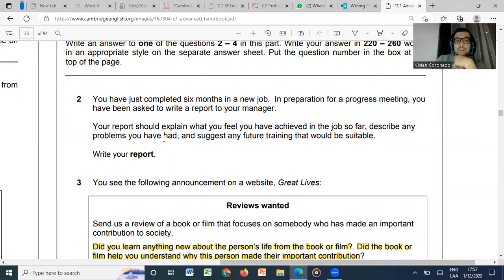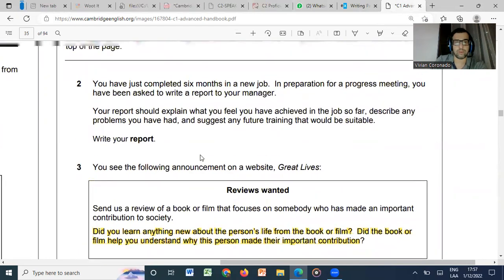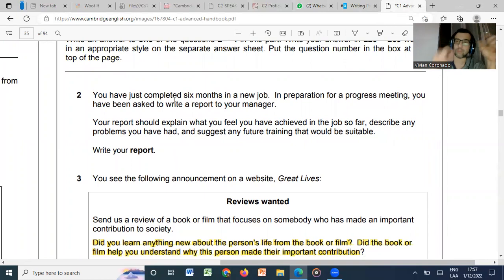Describe any problems you have had and suggest any future training that would be suitable. Okay, so in that case, that is the report. So what do we need to do here? Okay, first of all, introduction, and then let's go here with the format.